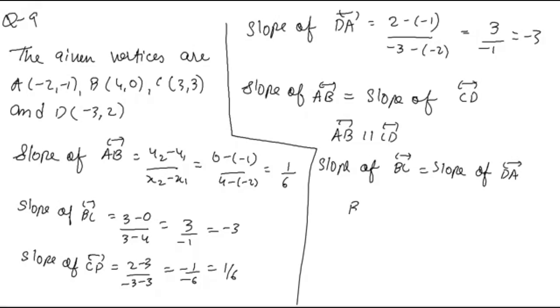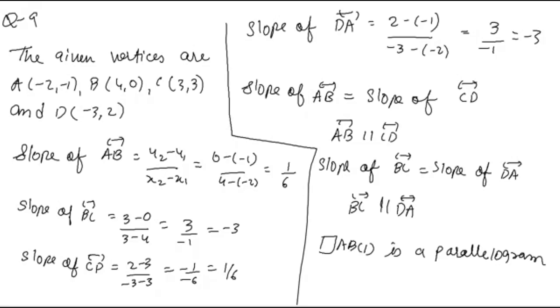So I can say that BC is parallel to DA. So if the opposite sides are parallel, definitely the given quadrilateral ABCD is a parallelogram, because one of the properties of a parallelogram is that opposite sides are parallel.